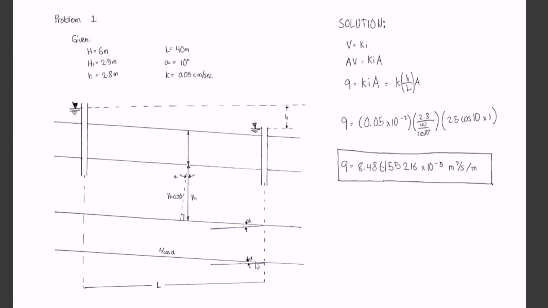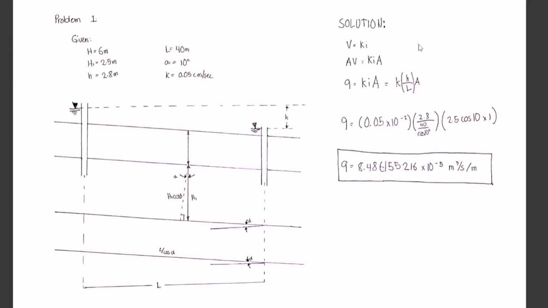Meron tayong inclined na angle alpha, which is equals to 10 degrees. So, ito yung hypotenuse, which is equals to L over cosine alpha. So, since L natin ay 40 meters, kaya naging 40 over cosine 10 degrees.